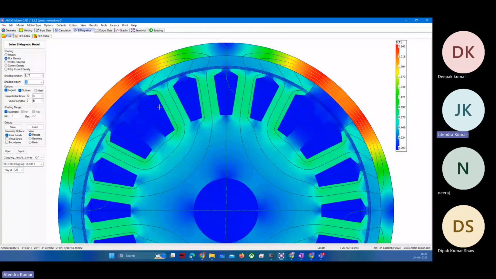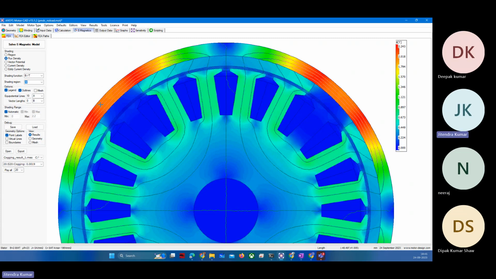One very interesting thing I wanted to point out: you can see those flux densities are not very uniform. Somewhere it is red, somewhere it is green. On the legend you can see these red portions are near saturation, 2.2 Tesla. They have exceeded the saturation limit, so those portions will create heavy losses and reduce the permeability of this core as well.